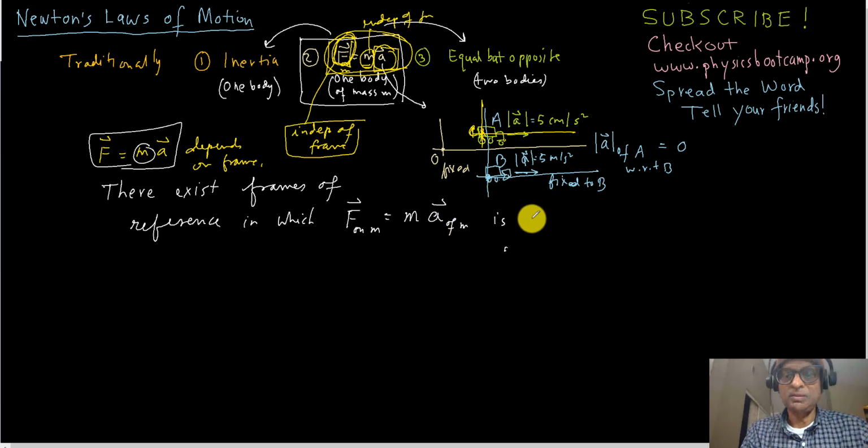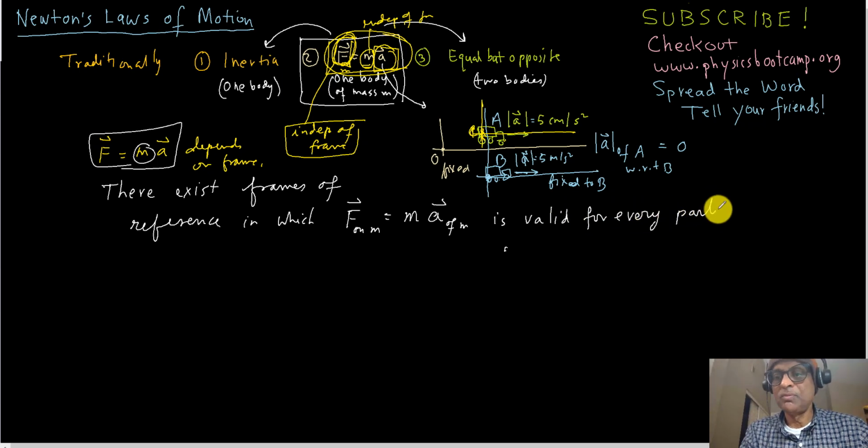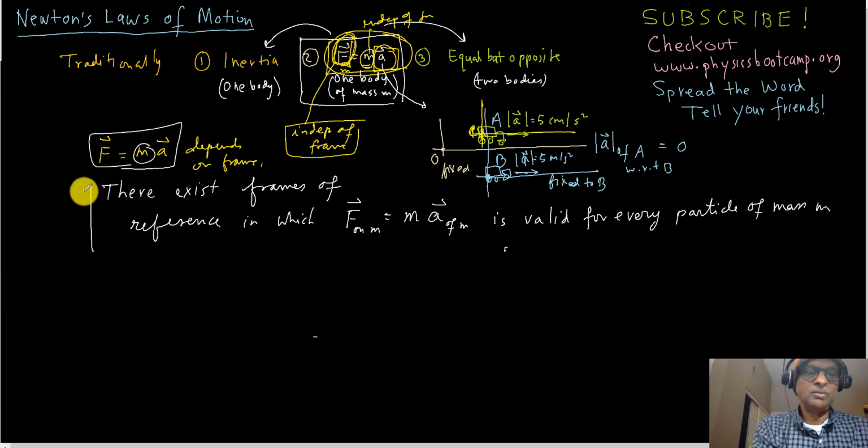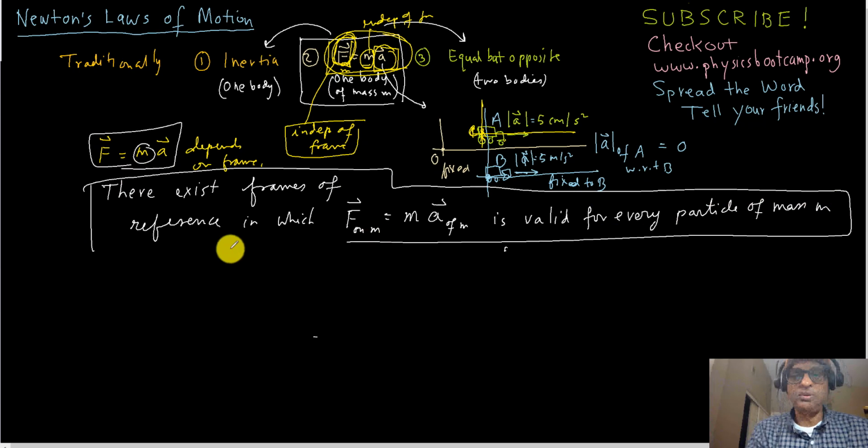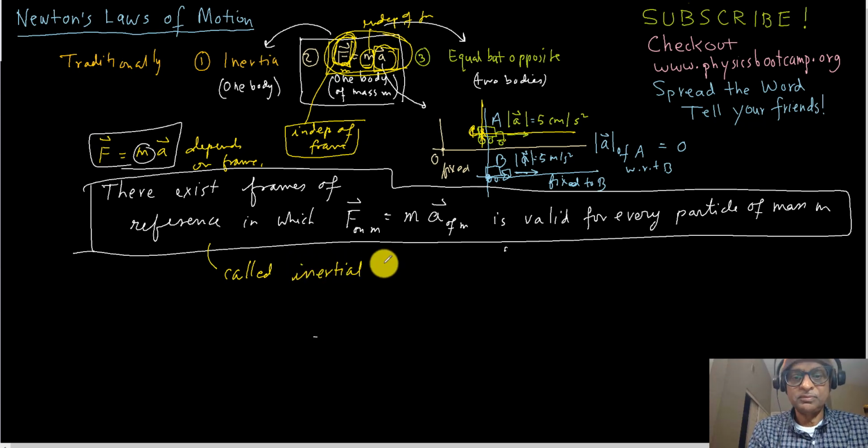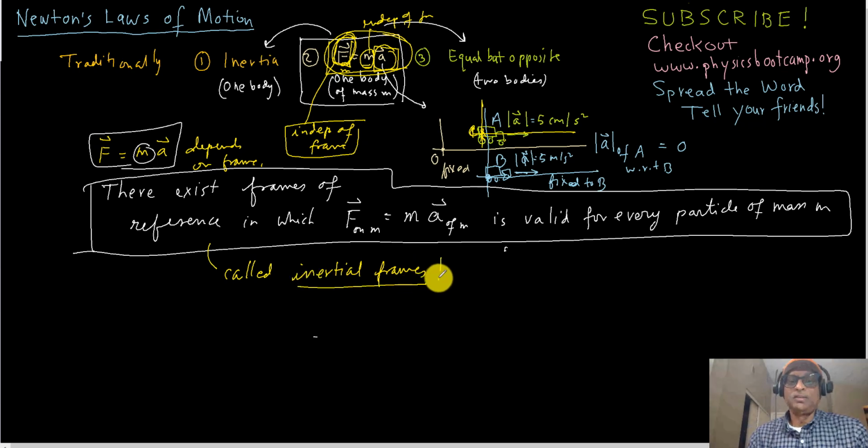This is valid for every particle of mass M. So there exist these frames in which this is true, and we'll give these frames a name, called inertial frames. Okay, so this is the second law, that there are these special frames in which this is true.